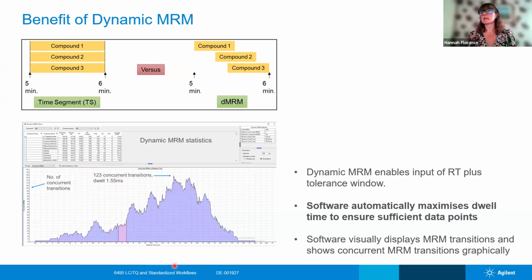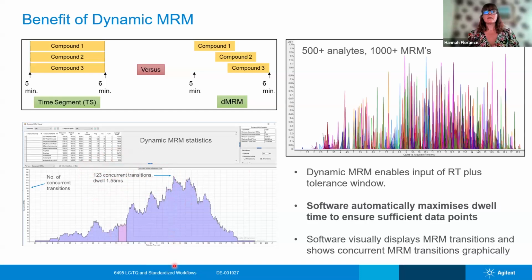It's a really nice visual. Then when we look at our data and extract all of those MRMs, in this example over 1,000 MRMs, you can see that we've got fantastic peak shape and signal.